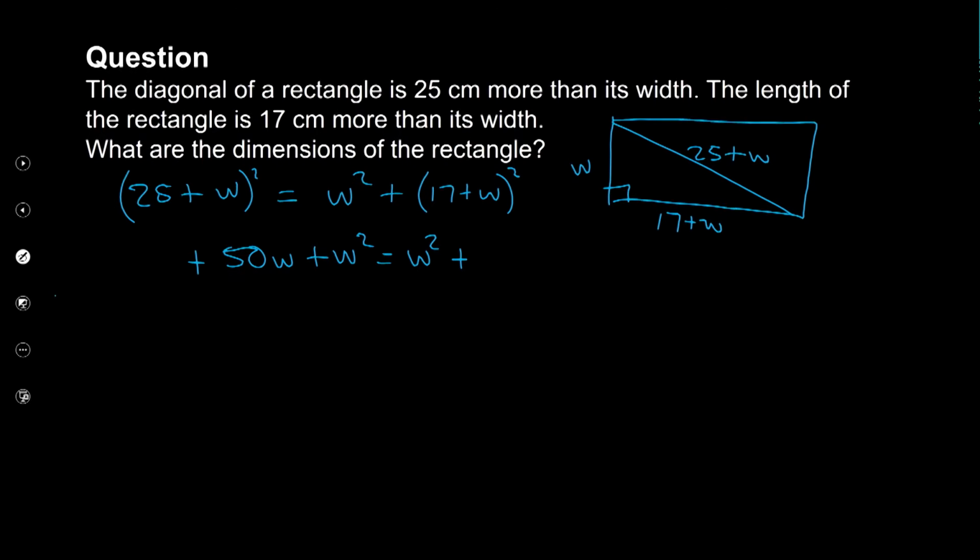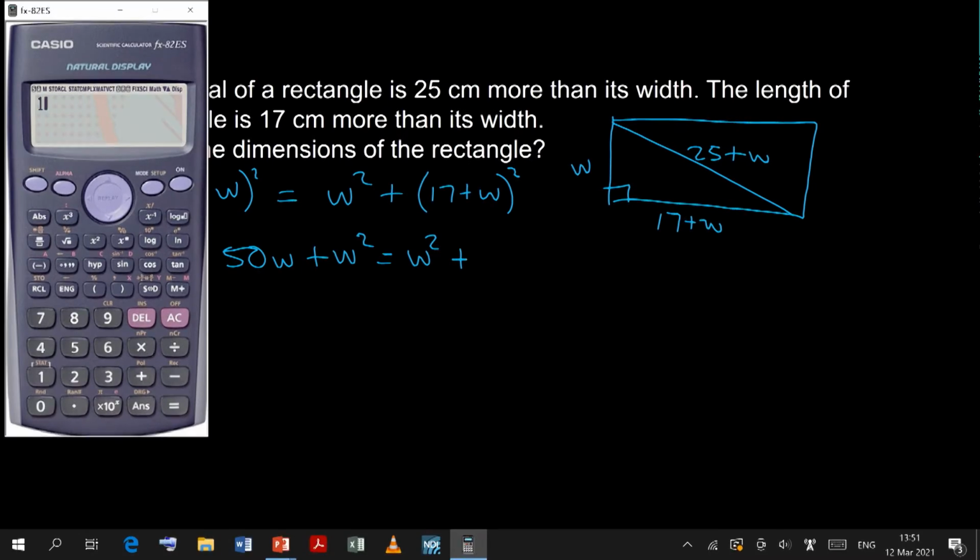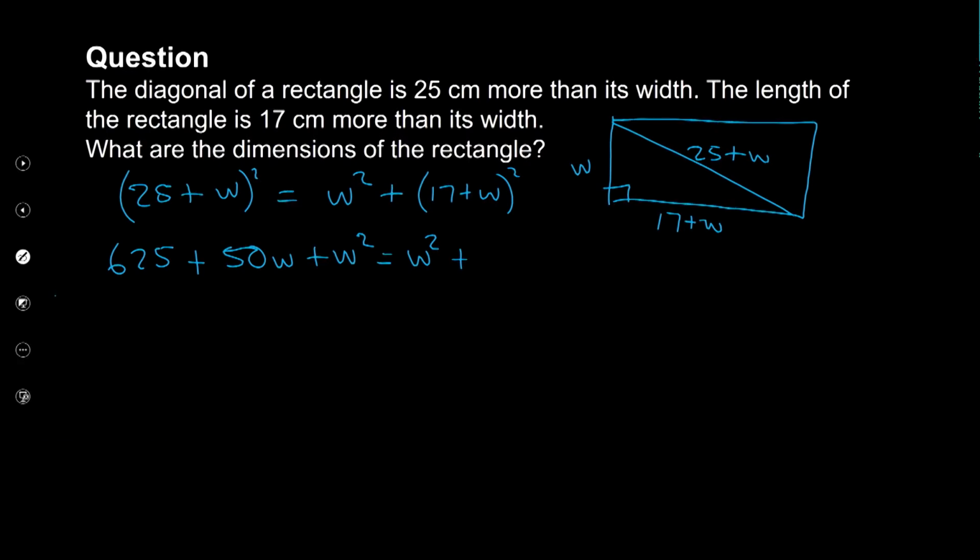All right, so this is 625, and now I forgot what the answer for 17 multiplied by 17 was. It was 289. So this was 289 plus 34w plus w squared. And then you can quickly work out what this is. The w squared and the w squared will be 2w squared.